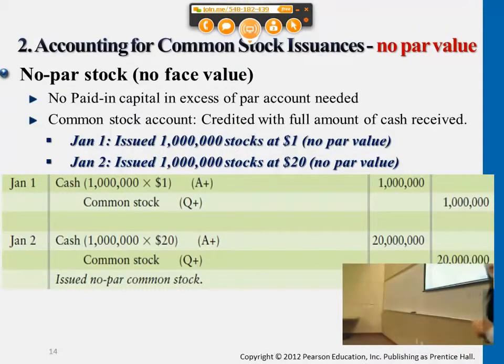Okay, so this is a case for no par value stock, no face value set in the beginning when a company started. Some of the states allow companies to not set a par value.